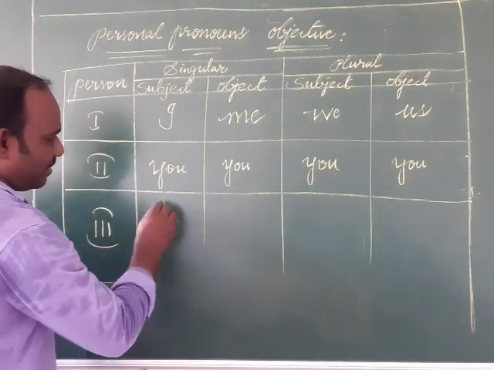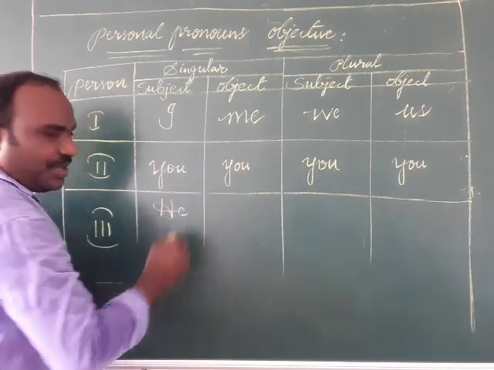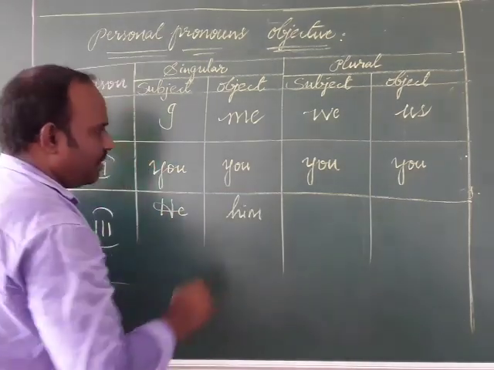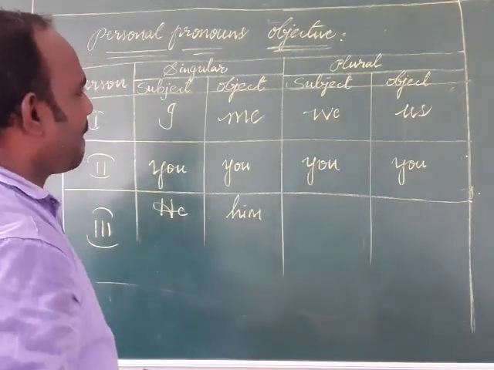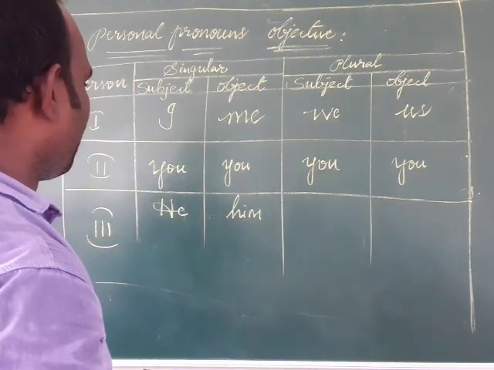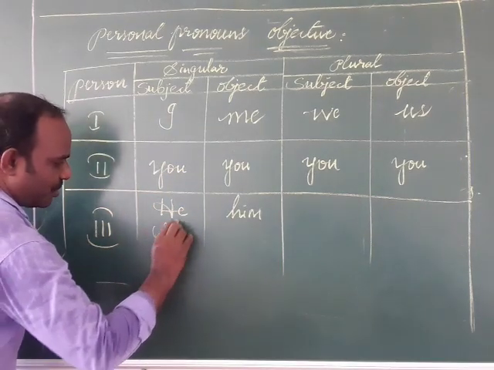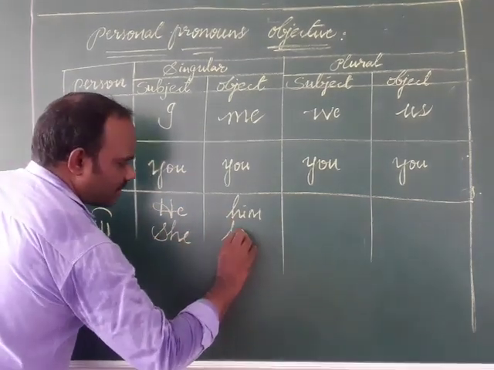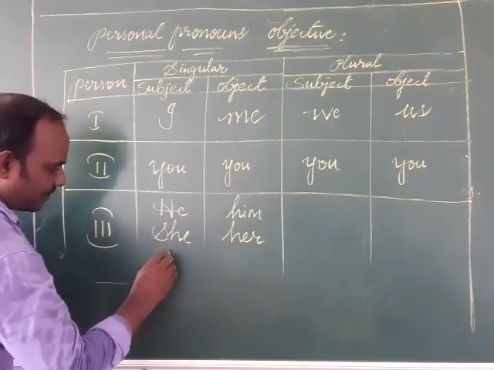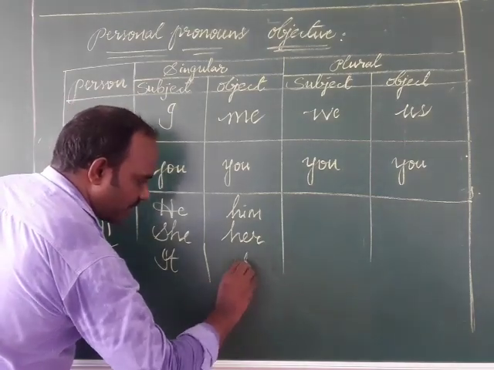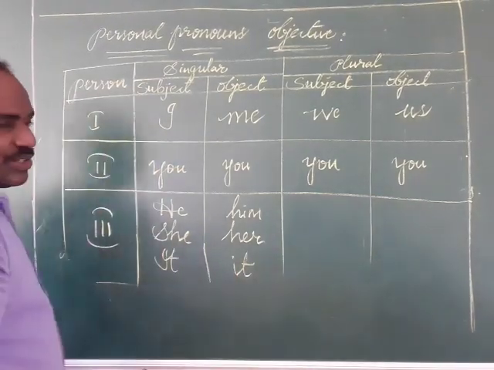Okay, next, third person. Third person, he, object pronoun him. Next, she, her, it, no change.